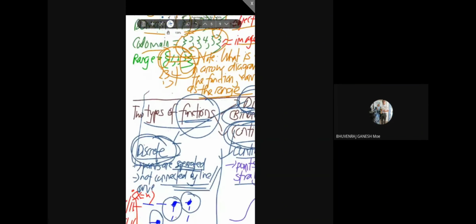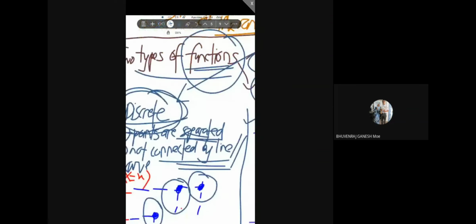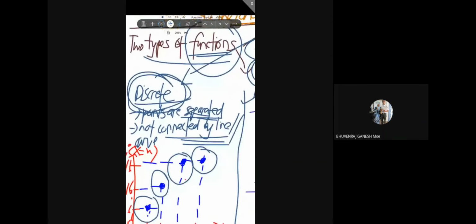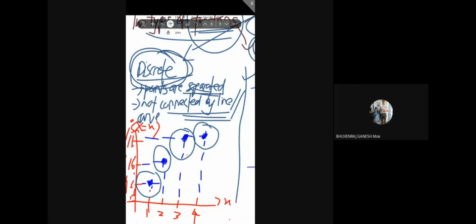So you see, I can see clearly here. On the x-axis, you have numbers like 1, 2, 3, 4. But on your y-axis, you can see that certain points share a common image, and some have one object to one image. So you can see that it's very discrete.